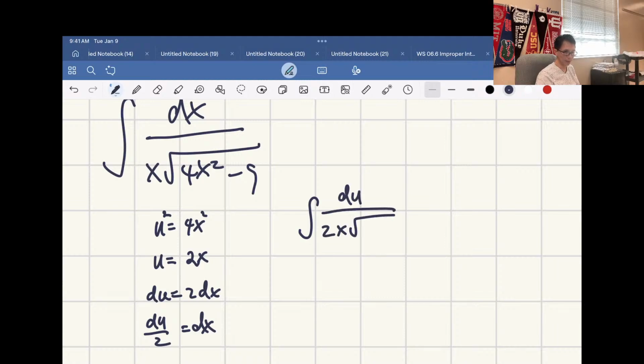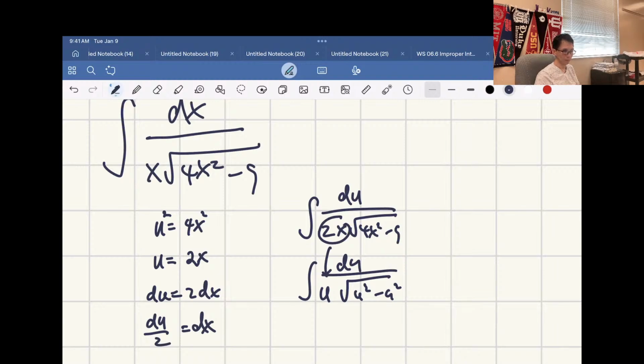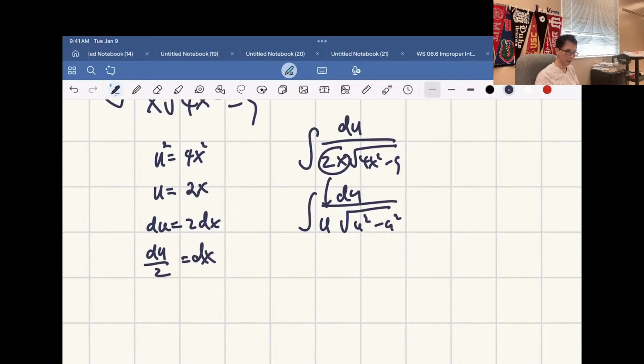And this is x over 4x squared minus 9. Now this is going to be du. This part is square root of u squared minus a squared, right? But this is u, right? Because 2x becomes u. And then that's just going to be the what?